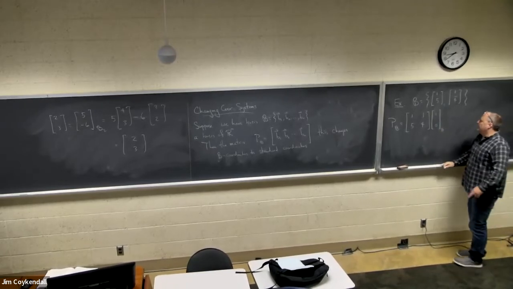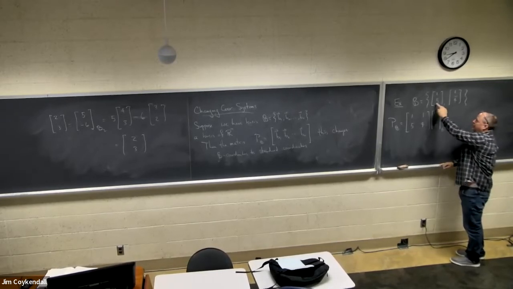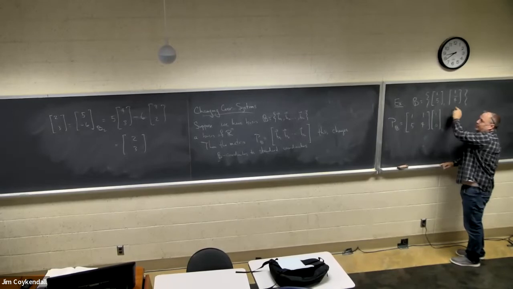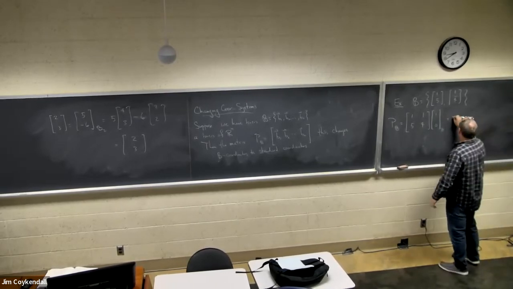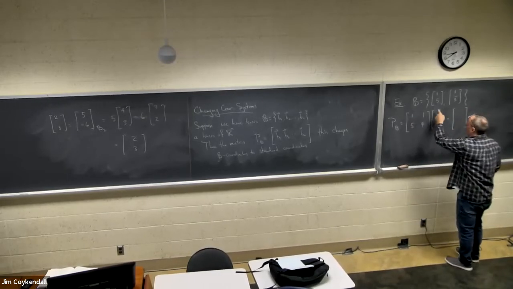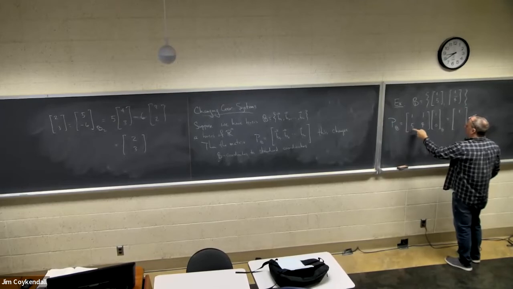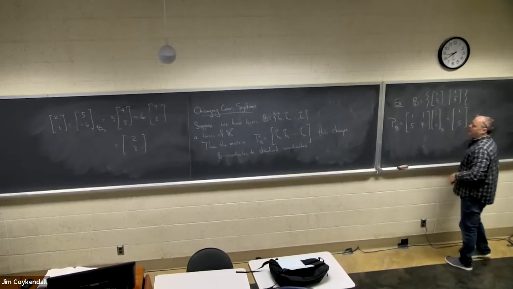Well, it just means that this is 1 times this and 0 times this, right? Now, when I multiply this by this matrix here, what happens? This row from this column 1, this row from this column 5, and this is the standard coordinate representation.